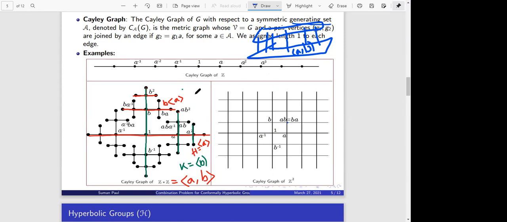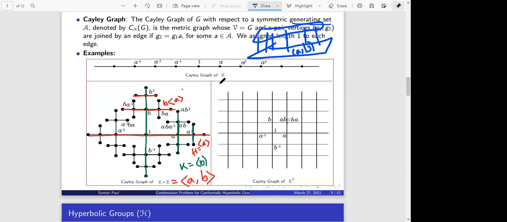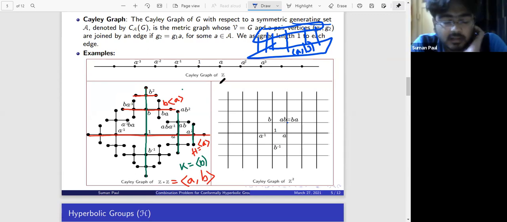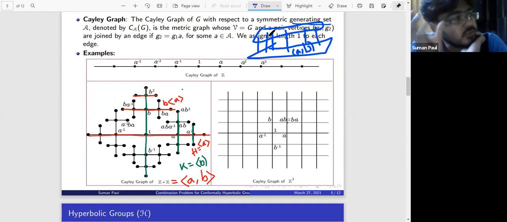So how many such copies of the plane are there? Infinitely many. For every integer, you are attaching one plane, and corresponding points are attached by vertical edges, and you also attach new edges.